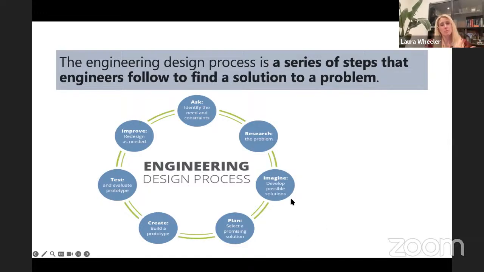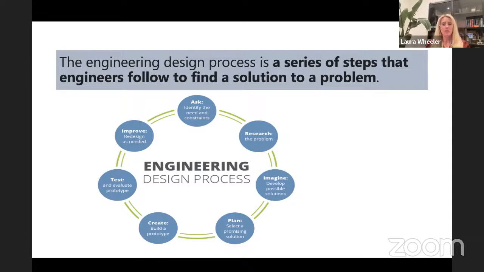Then we imagined some possible solutions to problems. So we learned about some problems that exist with gears. And then we thought, how can we use this knowledge to develop some possible solutions? Or how do spur gears specifically, how have they been designed to address this problem? So this is what we've done tonight, is specifically looking at the ask, research, and imagine stages.